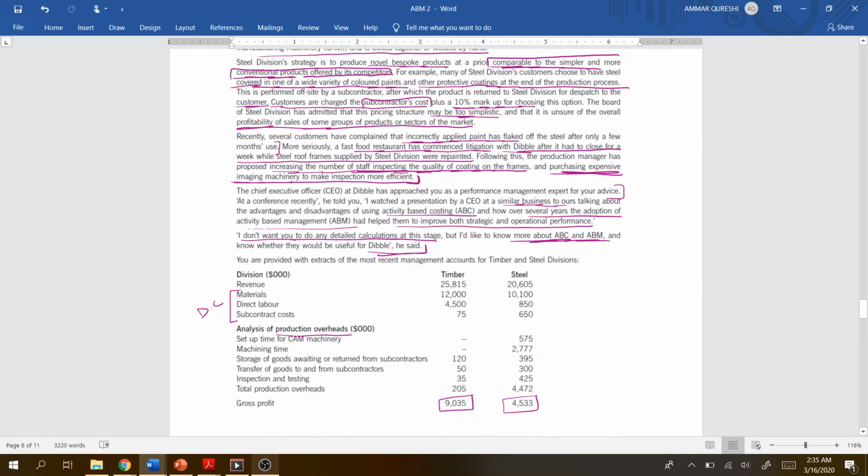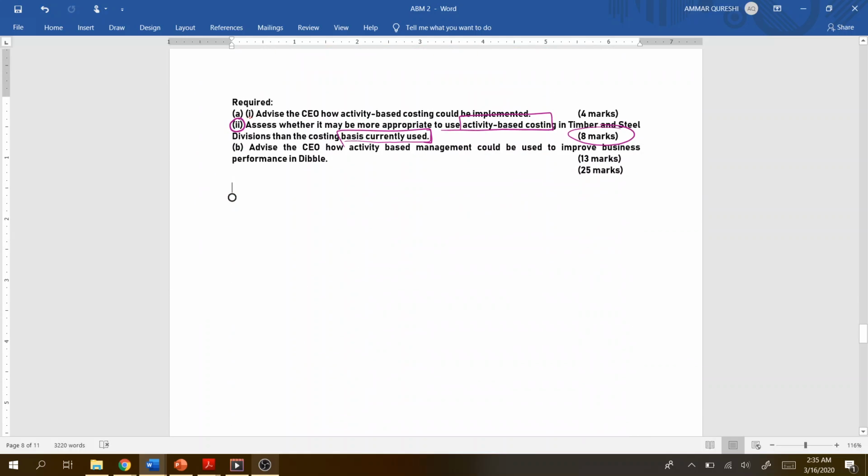Try to recall what we discussed in the first lecture, where we said that there are 3 or 4 areas which a company should check whenever it wants to decide whether to implement an activity based costing system or not. There were 3 prerequisites mainly. The first prerequisite was there should be multiple products, right? The second was their product nature should be different.